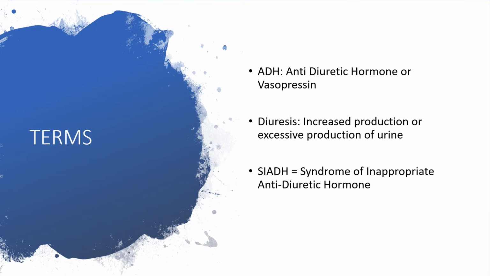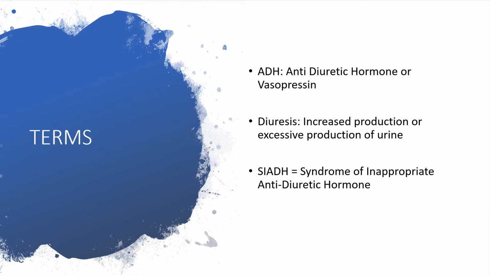So we are now dealing with SIADH, syndrome of inappropriate anti-diuretic hormone. It means we have that hormone, ADH or vasopressin, preventing excessive production or excessive excretion of urine, but it's working in such a way that is inappropriate.